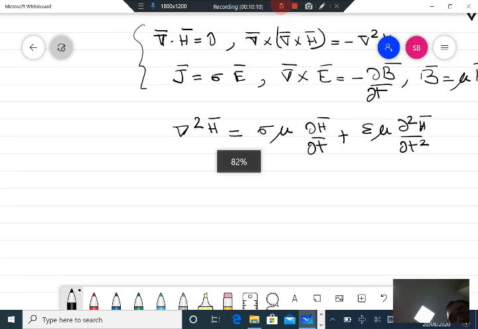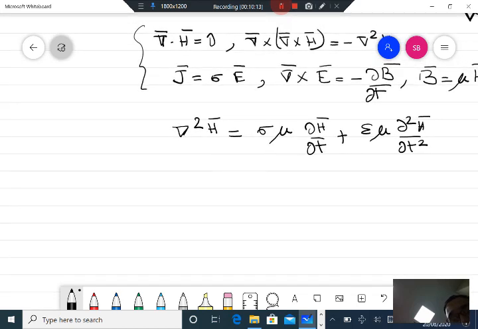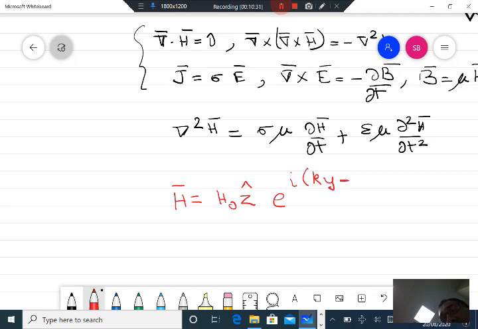So what you can assume is that the magnetic field has a form H naught z cap, namely the magnetic field is polarized along the z direction and it is propagating along the y direction. Let's say it has a propagation vector and has a frequency omega. This is the nature of the magnetic field.